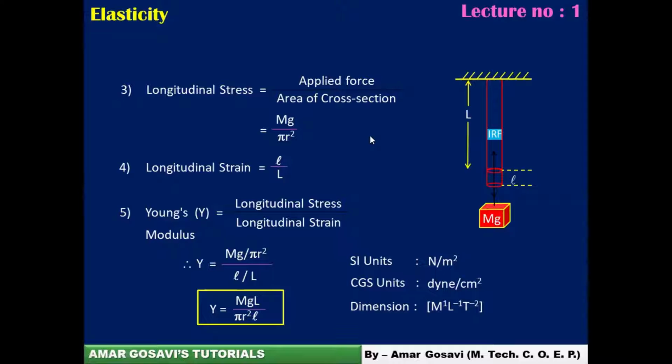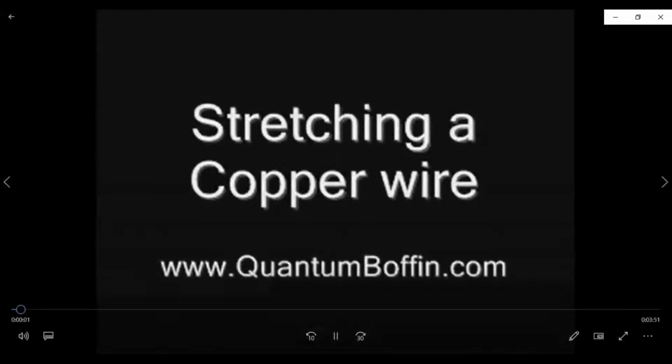So now I will be sharing the videos on how the experimentation is done in the laboratory. So looking at the first, you can see the wire is being fixed at this particular end.